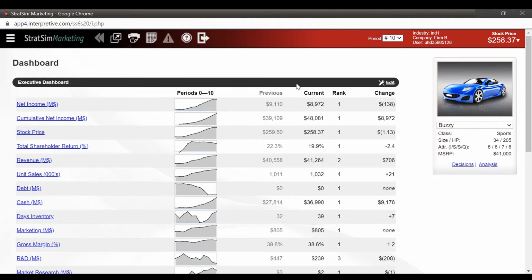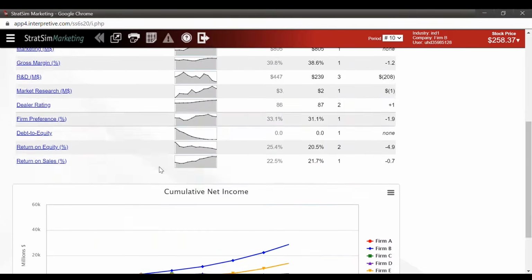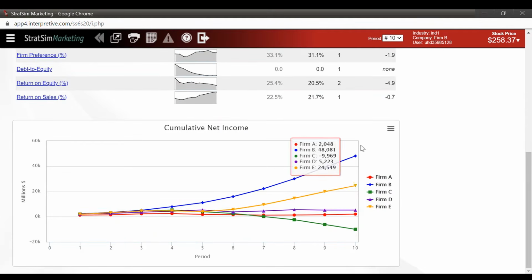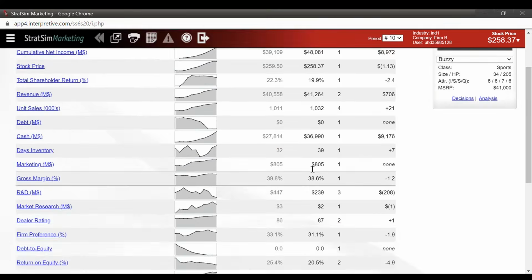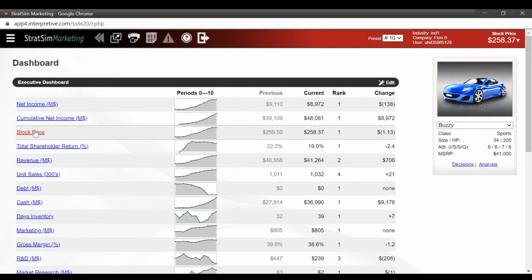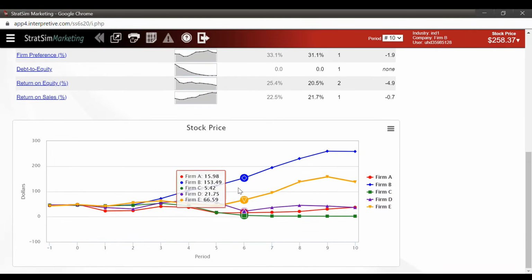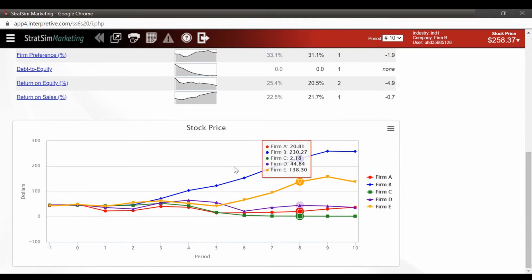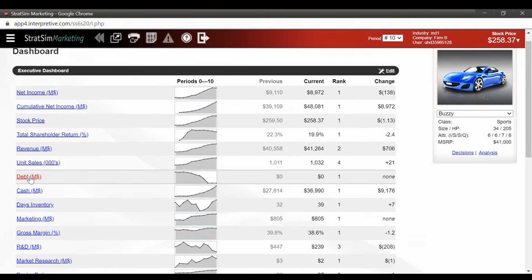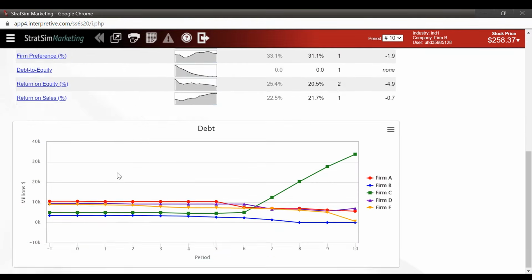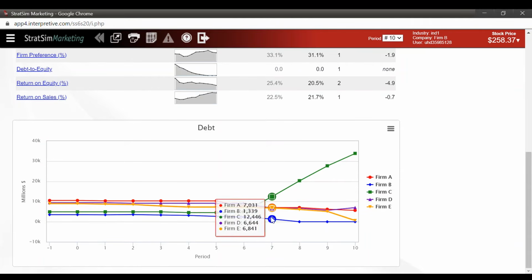And here we have the dashboard for period 10, where we can see how we did compared to the other firms, the other teams. We can take a look at the stock price and see how well we did over the periods. Debt, we actually eliminated debt in period 8 completely down to 0.